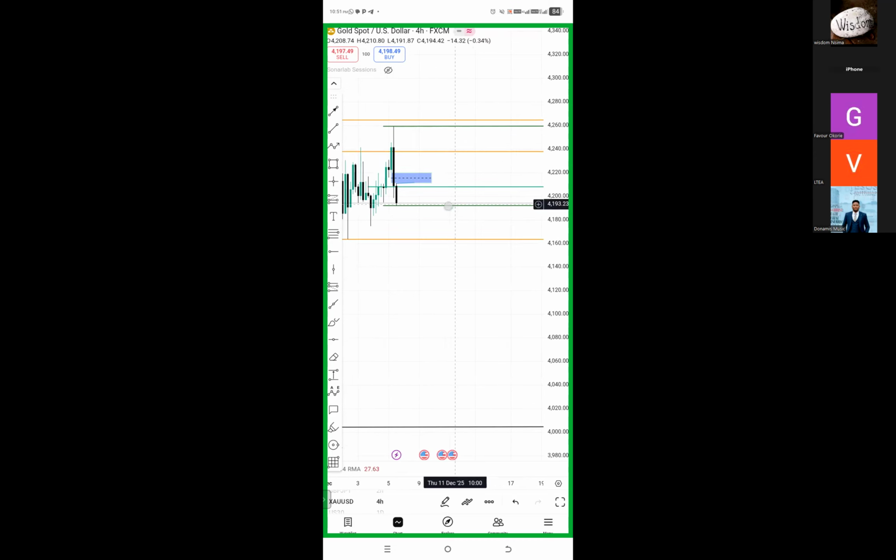Assuming you see what I'm telling you, there was a situation like this, I think it's the same pair. When you guys were all focusing on the 4 hour imbalance, I told you no, I don't want price to trade into the 4 hour imbalance. I want price to create a daily fair value gap, then trade into it before we continue.